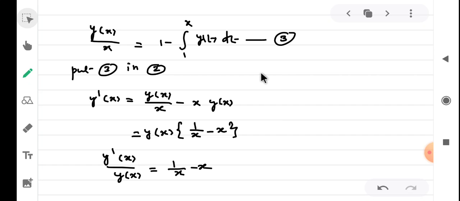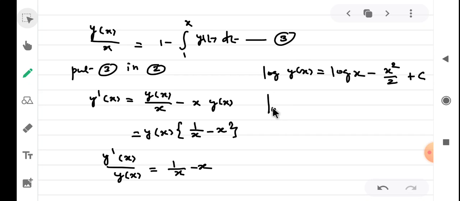You will get log of y of x is equal to, here the integral of 1 by x is log x, minus the integral of x, which is x square divided by 2. I need to add one constant also, plus c. Now bring this log x to this side. So I will get log of y of x minus log x is equal to minus x square divided by 2 plus a constant c.